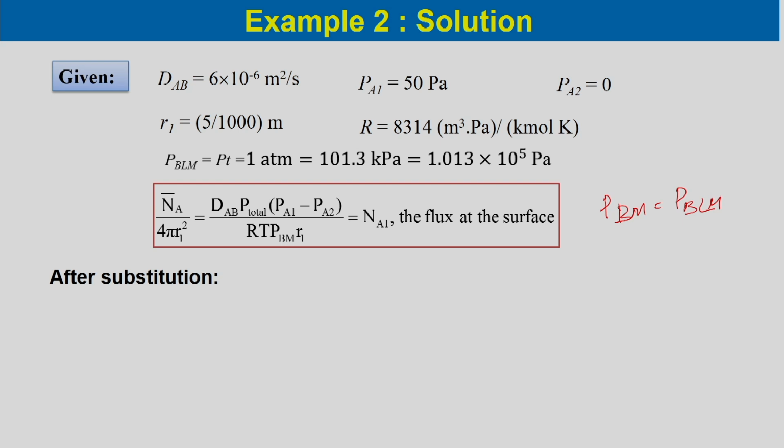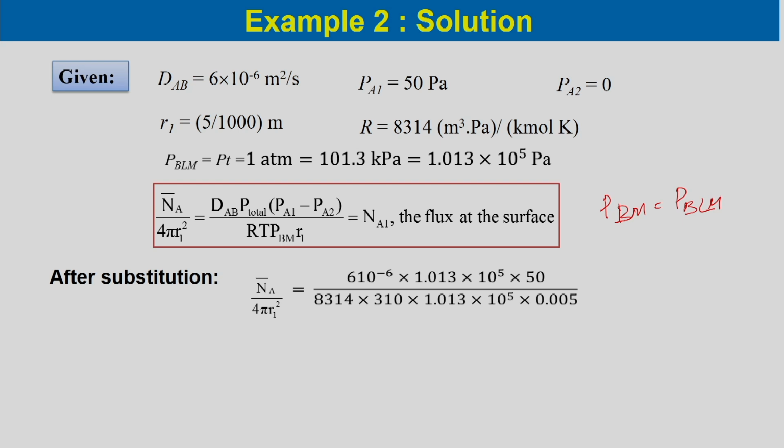So, if you substitute the values which are given over there, it would be 6 into 10 to the power minus 6 into 1.013 into 10 to the power 5 into 50 divided by 8314 into 310 into 1.013 into 10 to the power 5 into 0.05.